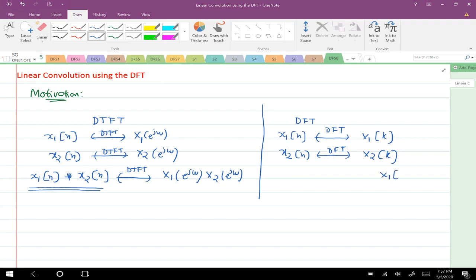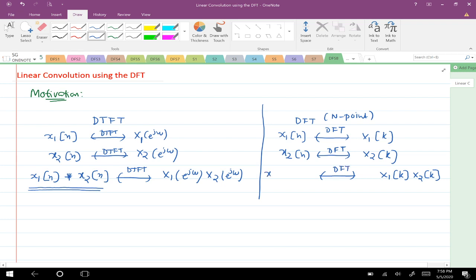Now if I multiply these N samples, each of them, whatever the length of x1 of n and x2 of n, with N-point DFT that I am computing here, and multiply the respective samples, and for that if I take the inverse DFT, what do I get here?